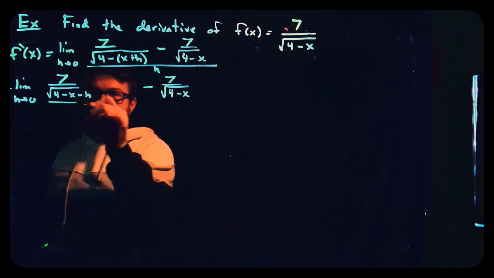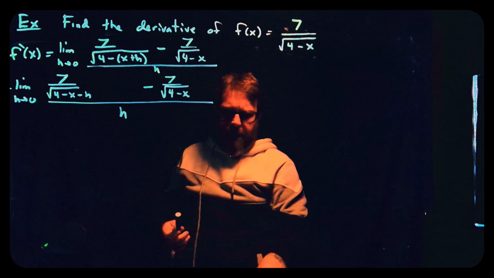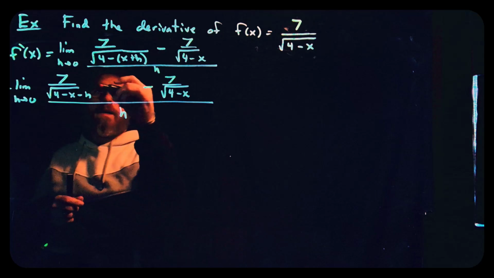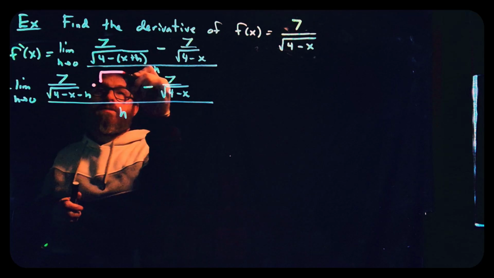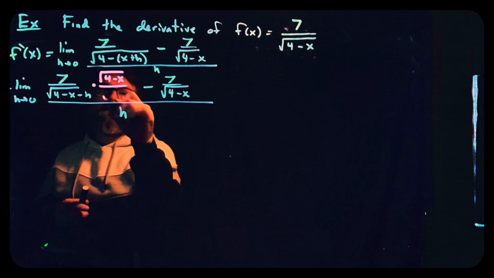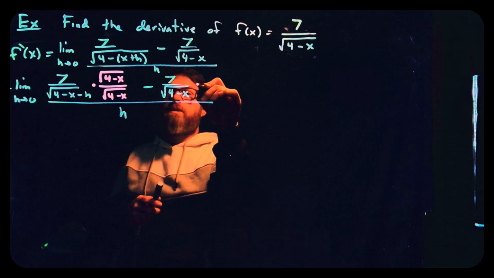And this is still all over h. Now, in order to subtract these things, they have to have common denominators, and since these denominators are relatively prime, I'm going to have to do the first fraction times top and bottom of the second denominator, and then the second one by top and bottom of the first one's denominator.